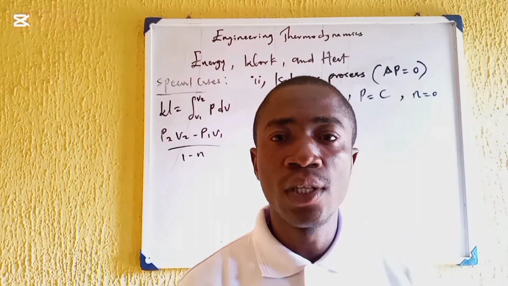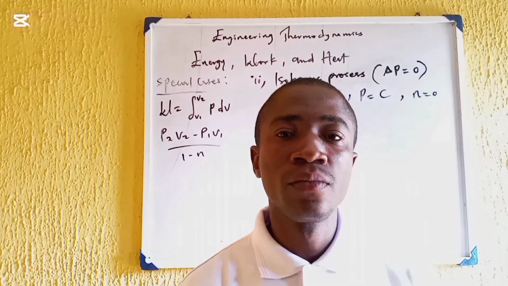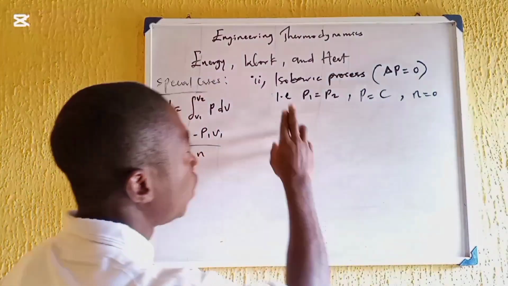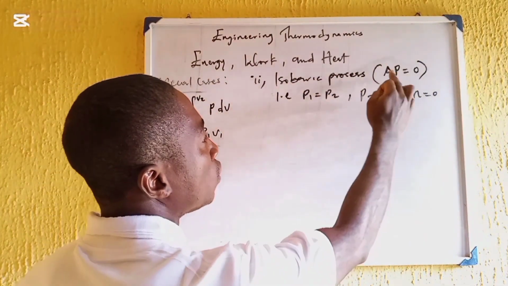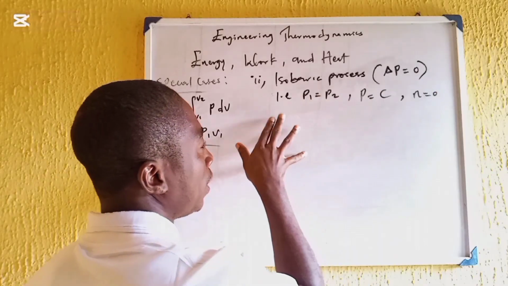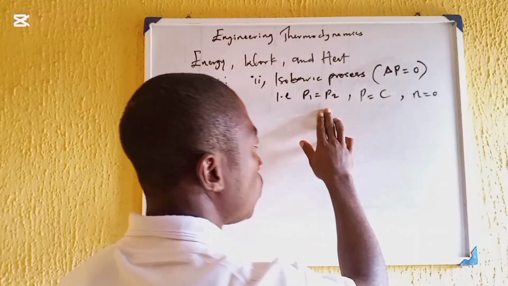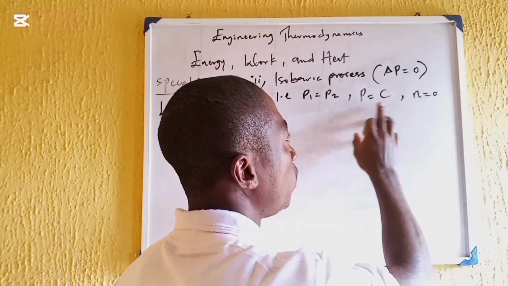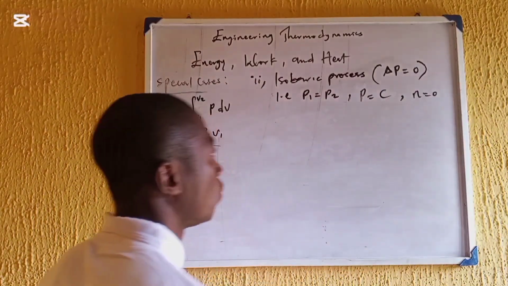So the third case we'll be looking at is where pressure is constant or fixed, and we'll call it isobaric process. Change in P is equal to 0, and that means P1 is equal to P2, or P is constant, that's P is equal to C. So for P to be equal to C, n must be equal to 0.